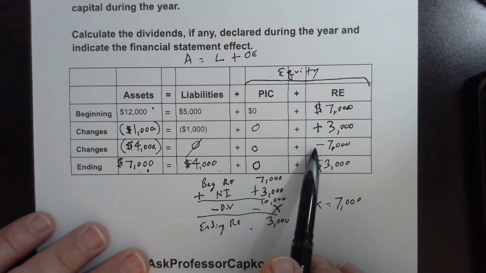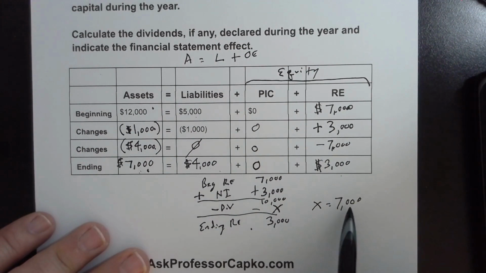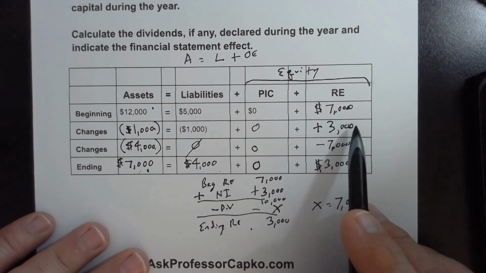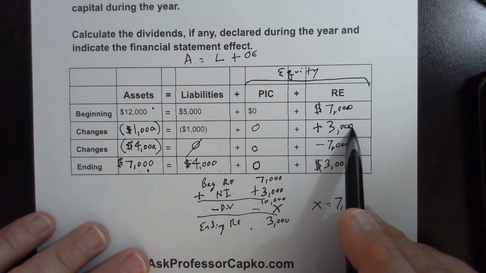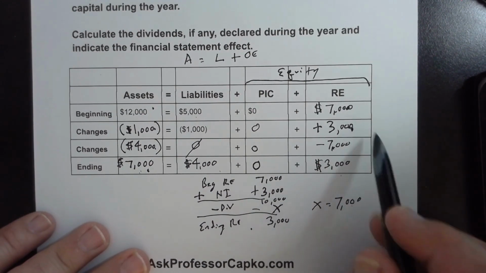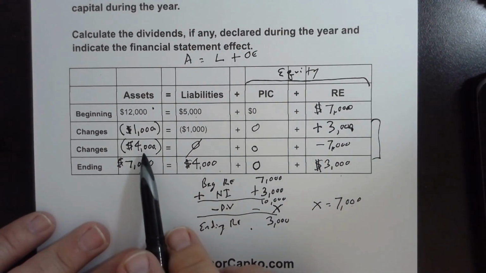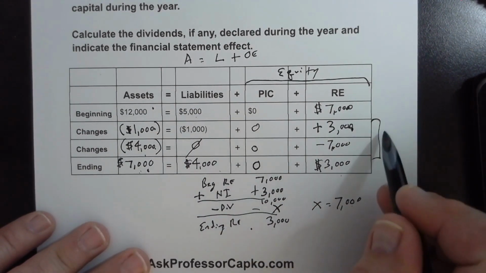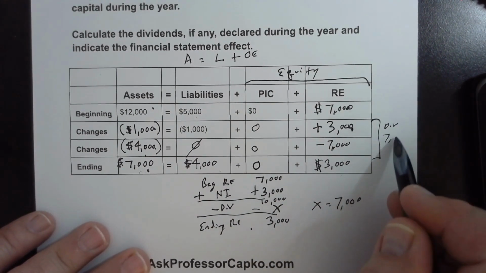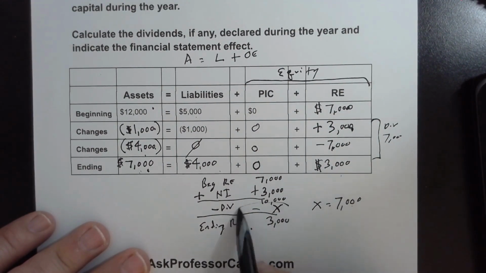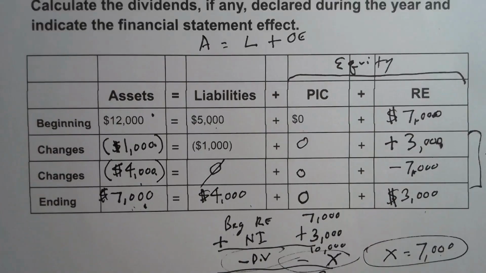So if we do that, that shows us that the 3,000 of the dividends comes from the net income. So we pay out all $3,000 of the net income, and $4,000 of assets, maybe it's cash in the bank, gets paid out. So our dividends are equal to $7,000. That's our dividends, what we figured out here.